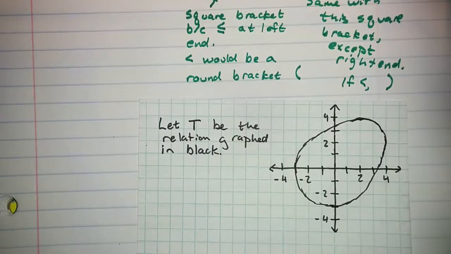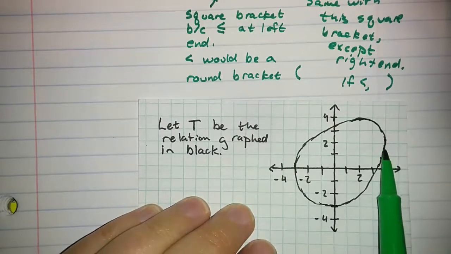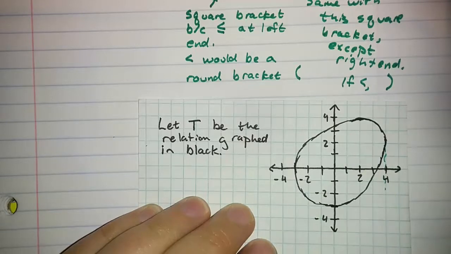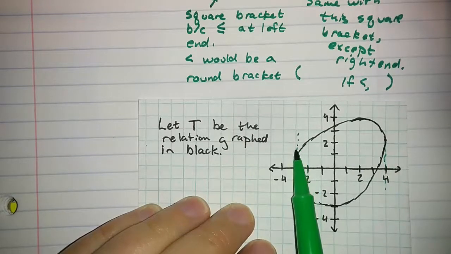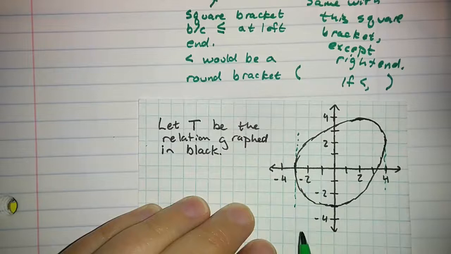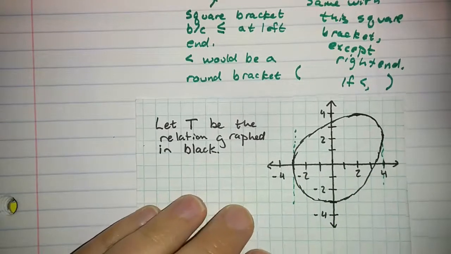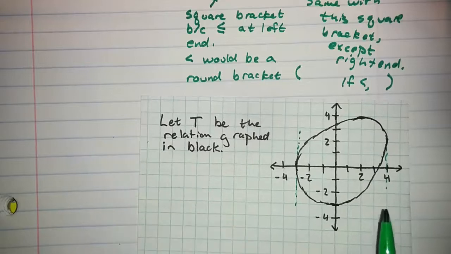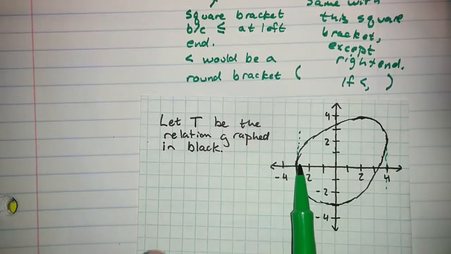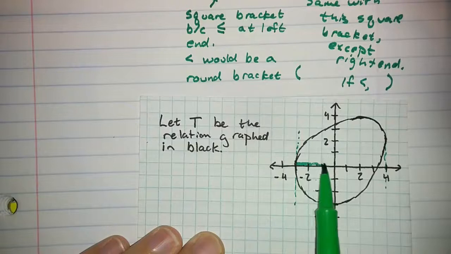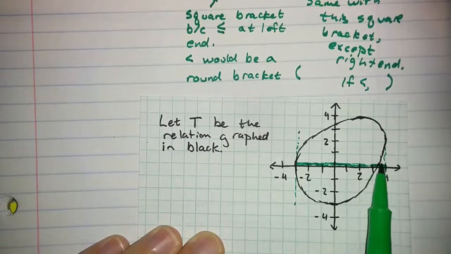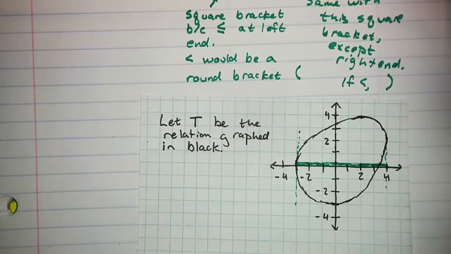Okay, so again, it looks like the far right end is over here. The far left end is over here. And there aren't any gaps in the middle. So it looks like if we squish this into the x-axis, it'll look something like this.